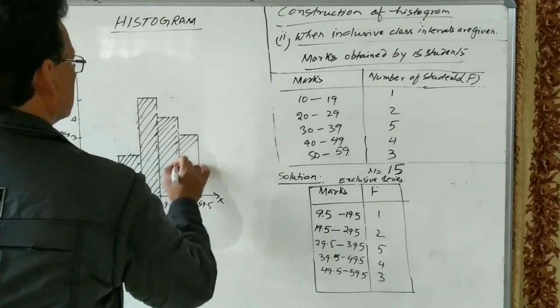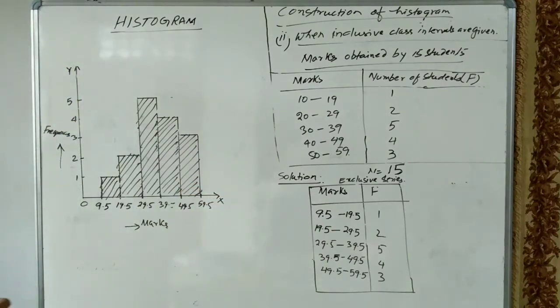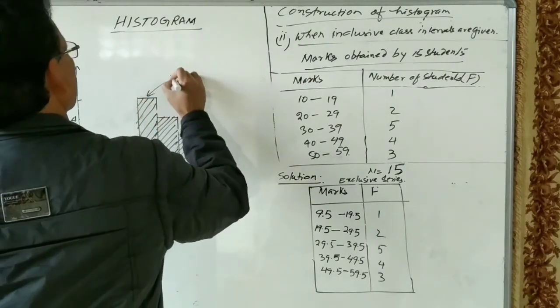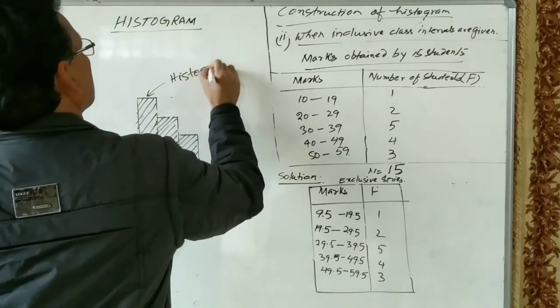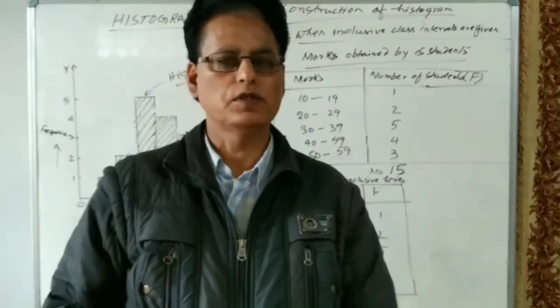So this is the histogram for a continuous frequency distribution, or for inclusive class intervals. I think the concept of histogram is clear to all of you. Okay, thank you.